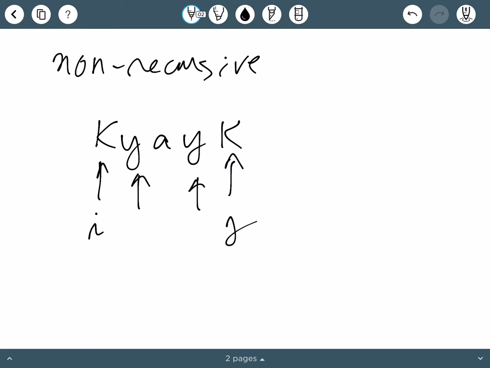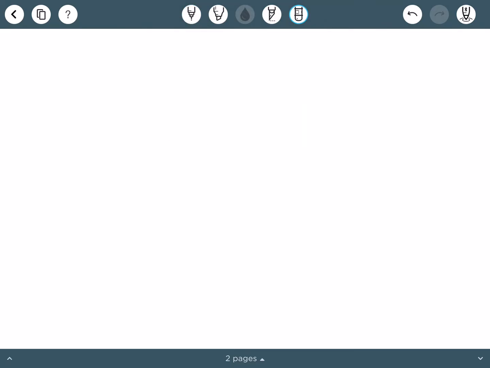But the thing is, that's not what we are asking. We're asking you to learn to think recursively. The idea here is to get used to a new technique of solving problems that involves recursion. What is that? That means you have a problem of size n.